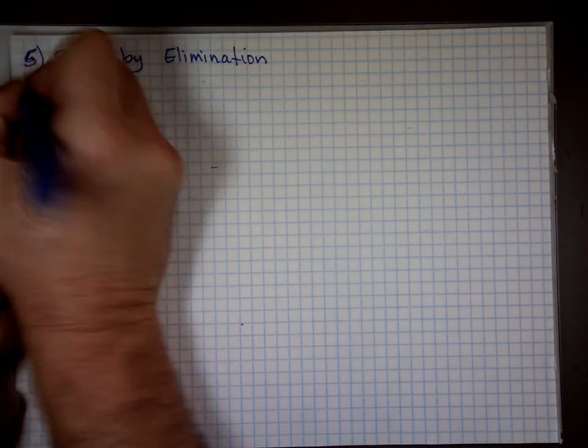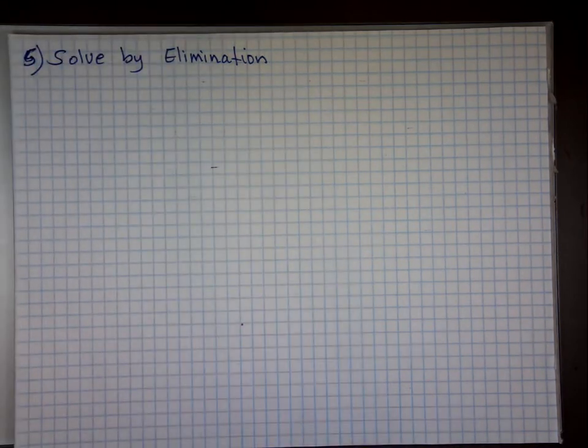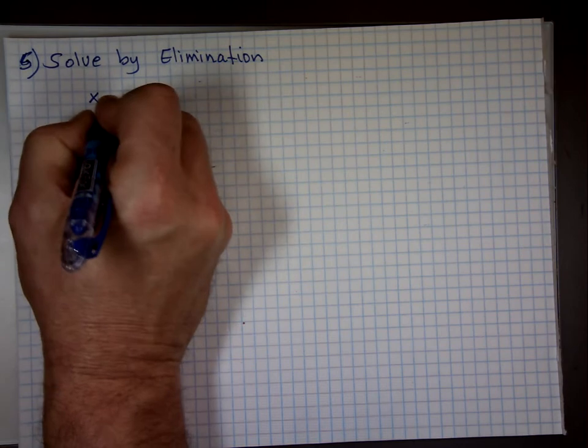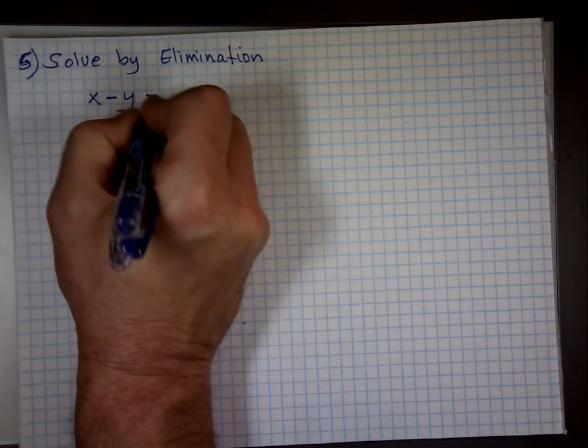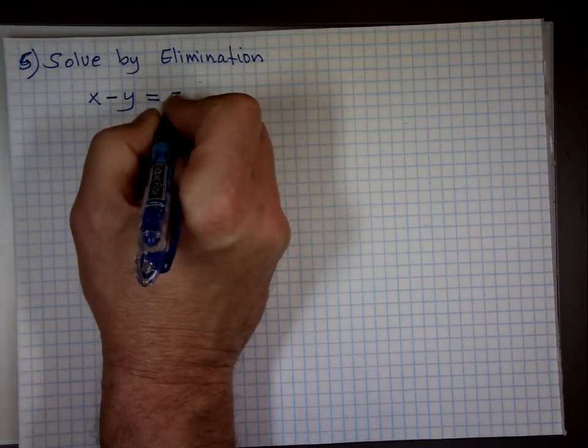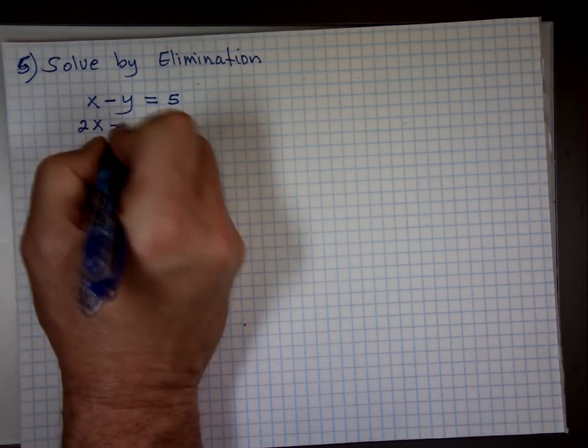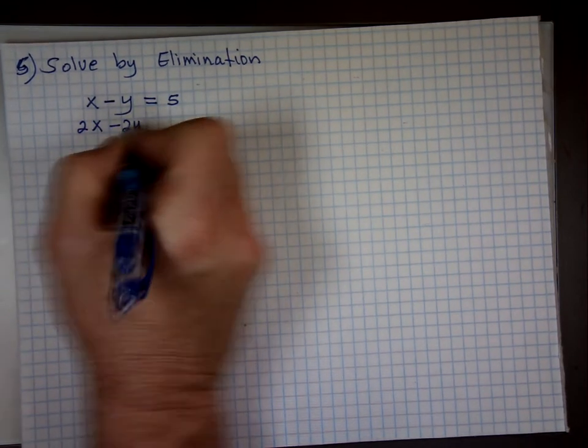We'll go solve by elimination. X minus y equals 5. 2x minus 2y equals 5.